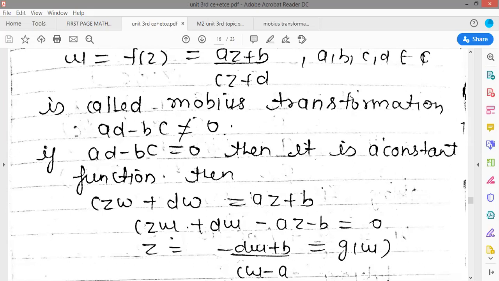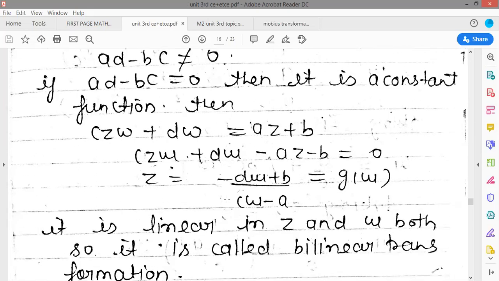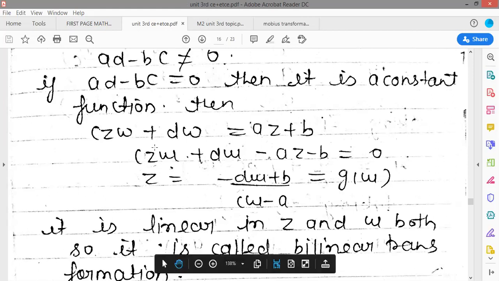Now here w is a function of z, and we are converting it so that z is a function of w. That means the inverse transformation.